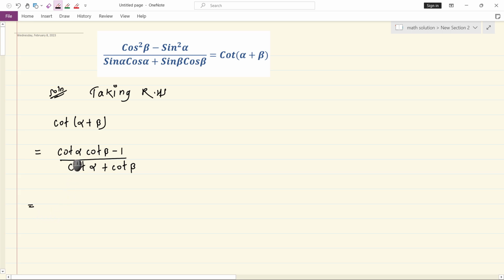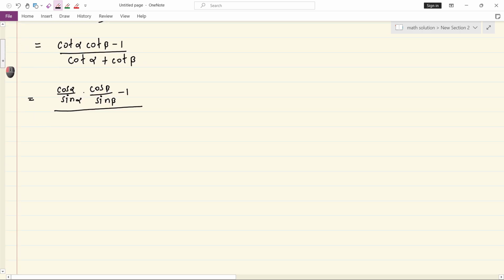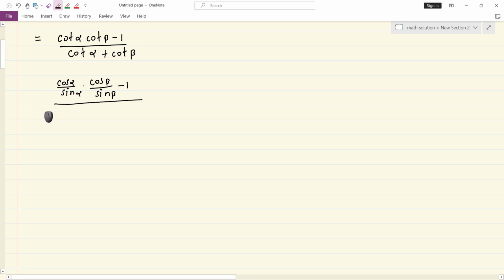We have the formula that cot alpha is cos alpha upon sin alpha. Similarly, cot beta is cos beta upon sin beta. Okay, so minus 1, we are just reducing our cot terms in the form of cos upon sin. You are familiar with this.